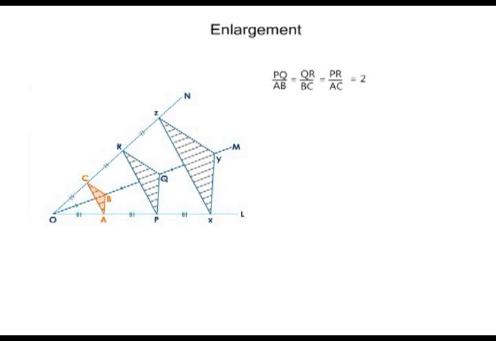So the first enlargement is of scale factor 2 about center of enlargement O, and so triangle PQR is twice as big as triangle ABC. Then XY over AB is equal to YZ over BC, and it's equal to XZ over AC, and it's equal to 3. So the second enlargement is of scale factor 3 about the center of enlargement O.